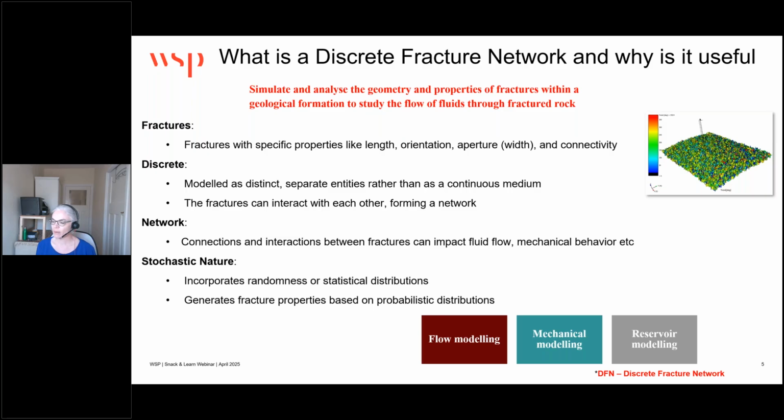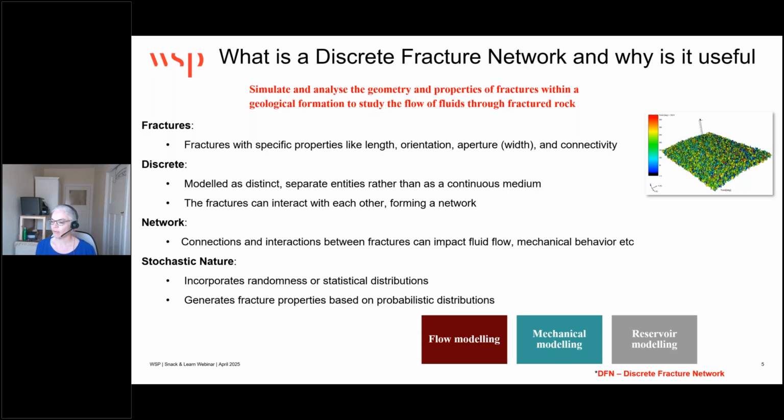DFN models typically incorporate statistical distributions. Since the distribution of fractures in a rock formation is not uniform, the DFN model generates fracture properties based on probabilistic distributions.